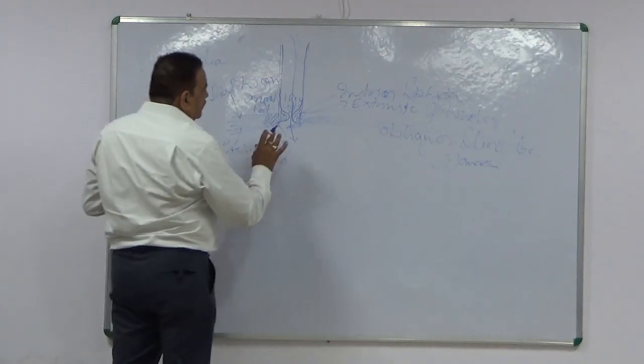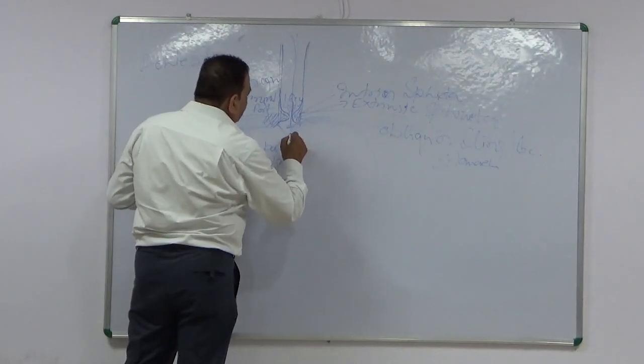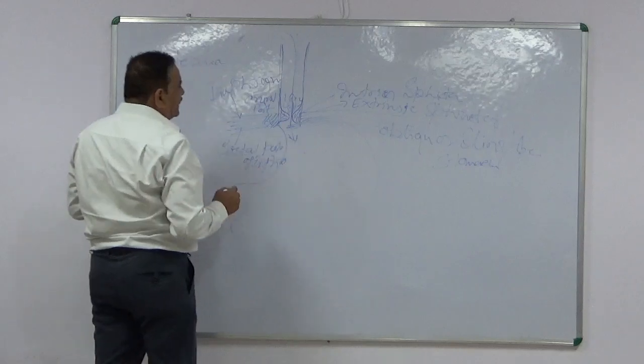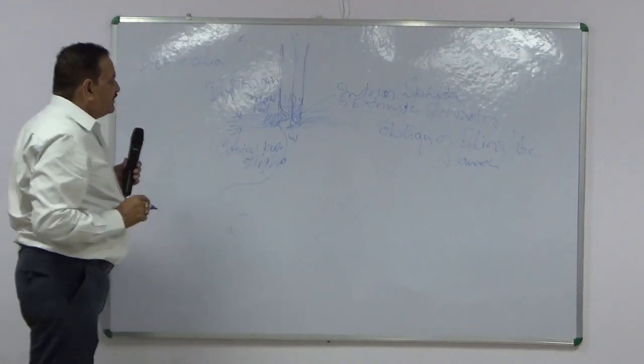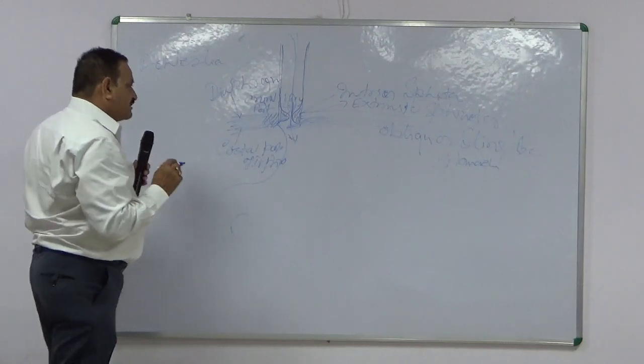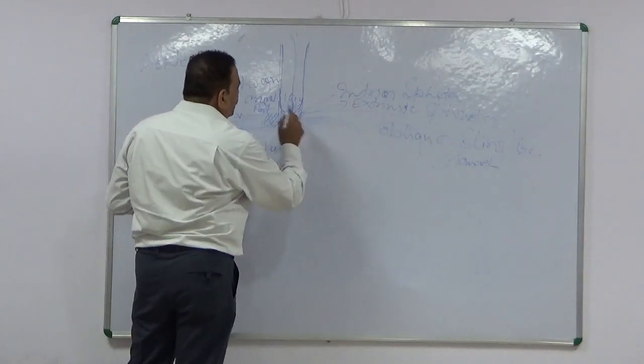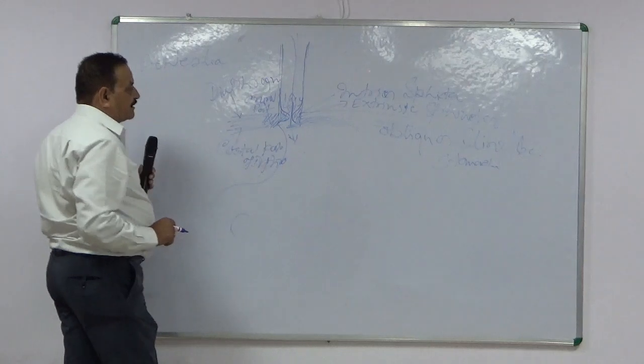This is the common treatment nowadays. The second treatment is myotomy, the surgery of the lower esophageal sphincter.